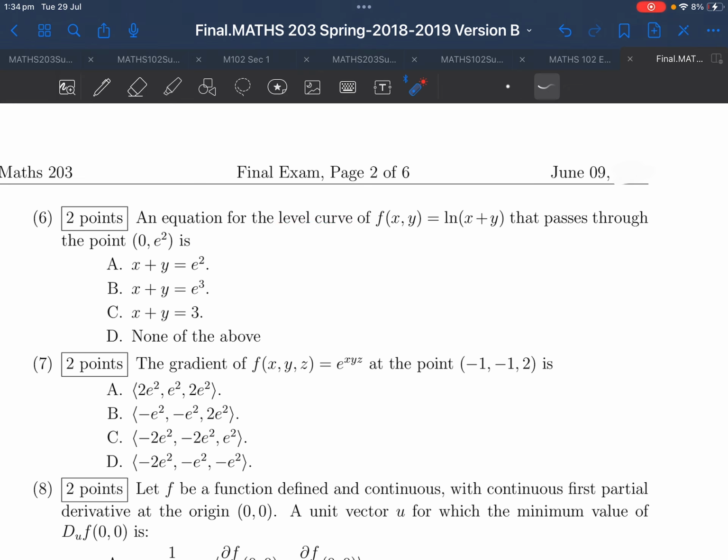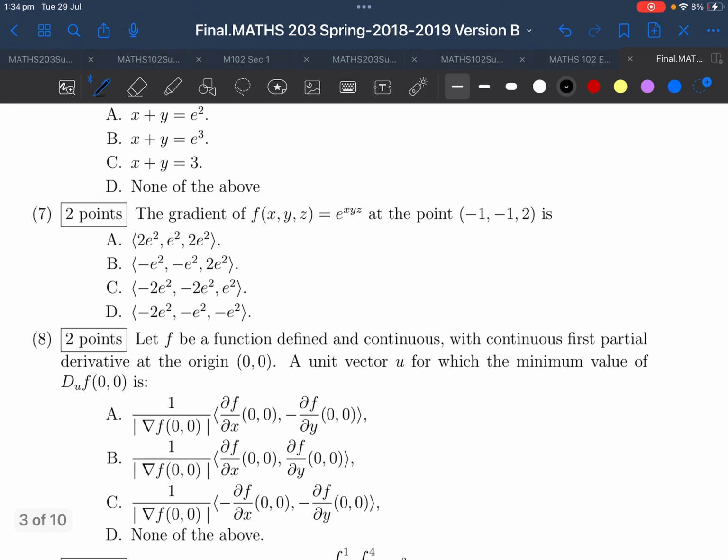Now, this is, of course, the level curve. Level curve means we write this function equal to the number that we want it to be. So in this question, I'll just leave this one for the level curve. Go to the gradient. Gradient means just find the derivative, and the derivative of x is just yz e^(xyz).